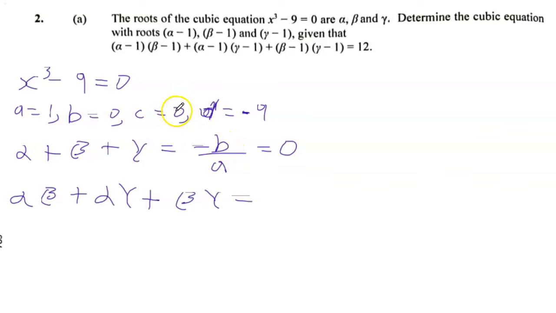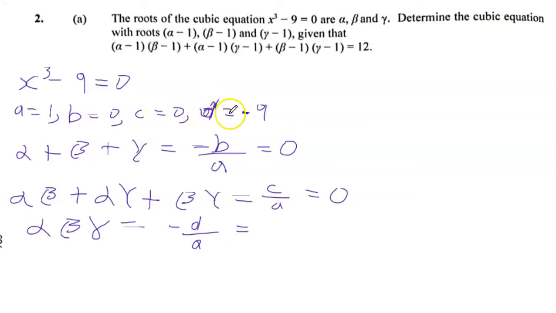And of course, c is 0, a is 1, so 0 over 1, that's 0. And the product, which is alpha times beta times gamma, is equal to negative d over a. And notice d is negative 9. That's a constant, negative 9, so negative d will be positive 9, and a is 1. So 9 divided by 1, that's 9.